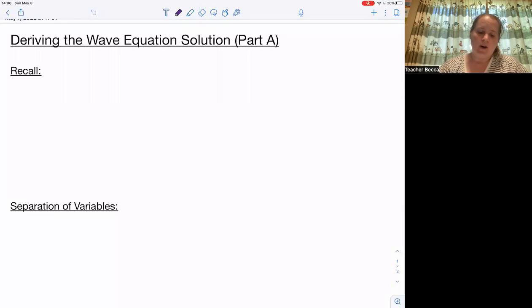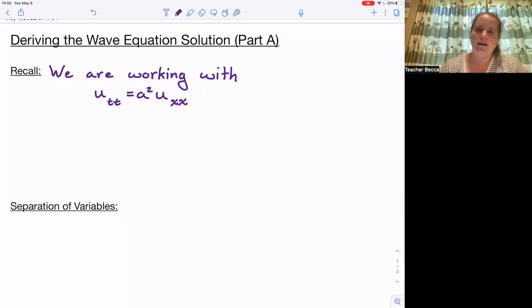So again, recall, we are working with the partial differential equation: the second partial with respect to t of u is equal to a squared times the second partial with respect to x of u.